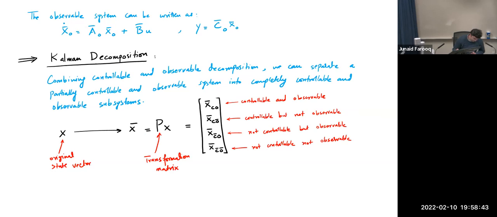I mean, obviously, it's hard to describe it fully, but I'm just going to write a brief description. So such a transformation matrix can be constructed as follows.